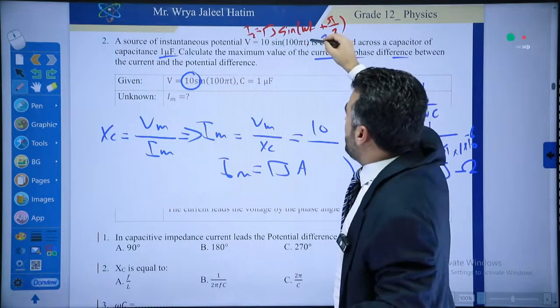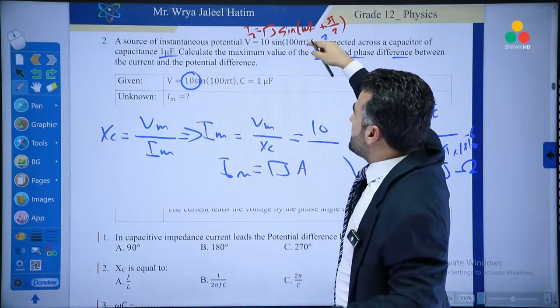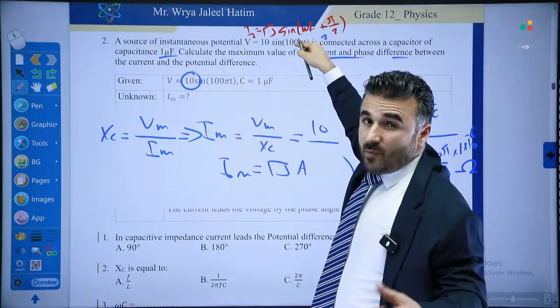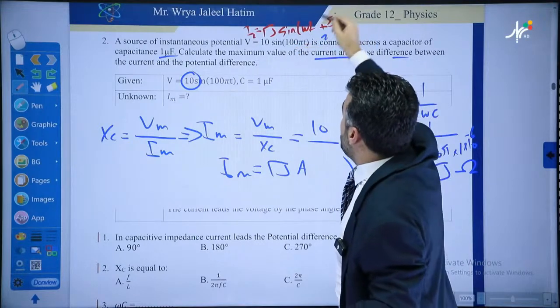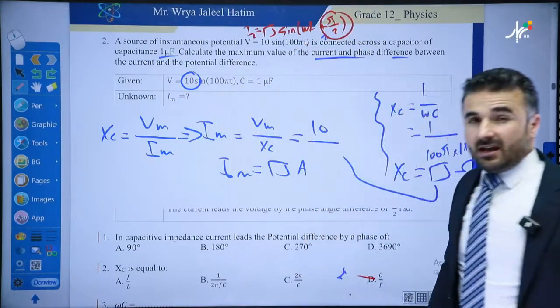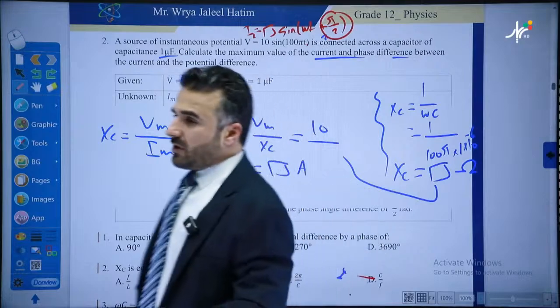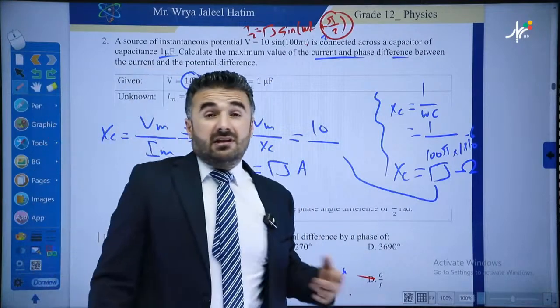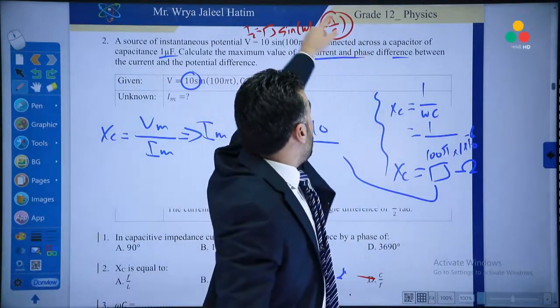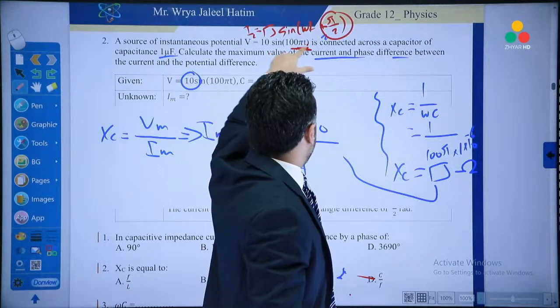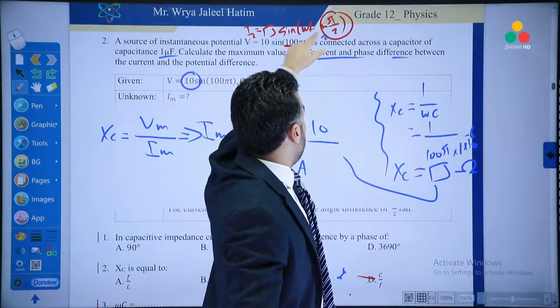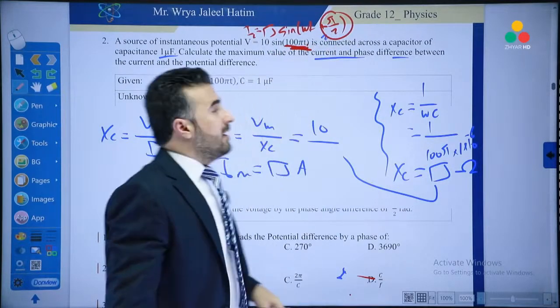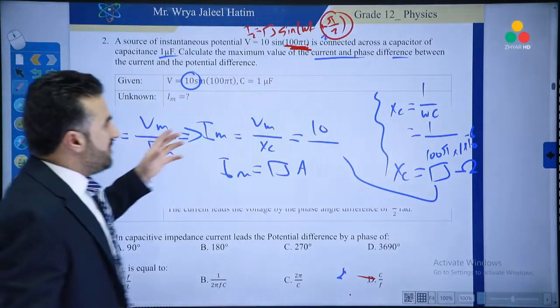So if it doesn't mention pi over 2 or minus pi over 2, I'll have to say the current is leading, because we've learned that in a pure capacitor circuit, the current leads the voltage by pi over 2. So if it is not mentioned that it is lagging behind, you'll have to say the current is leading by pi over 2. So that is the answer.